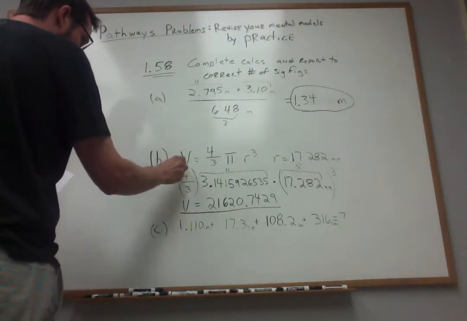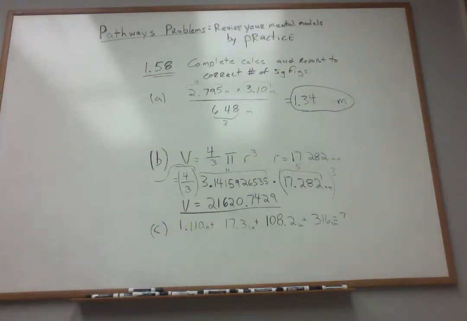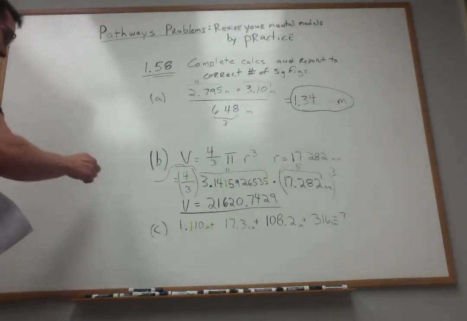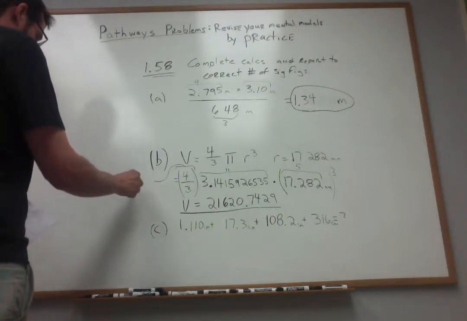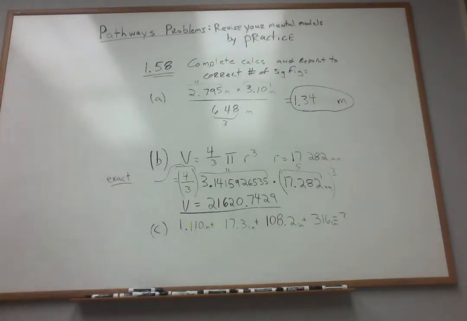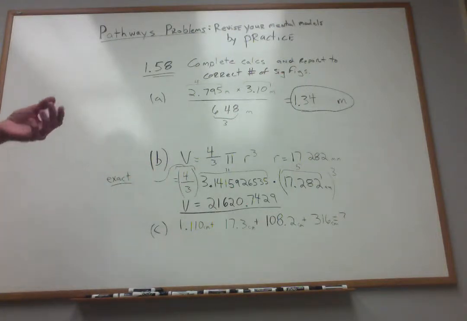And then we've got this one, 4/3. 4 divided by 3. 2 integers divided by one another. Okay, integers are counting numbers. They're kind of exact, right? So it's not even a measured value, it's 3 or 4.